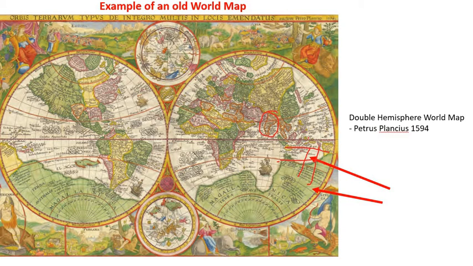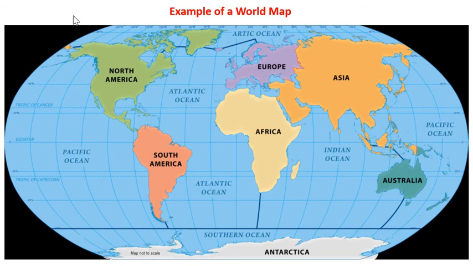But for the time being, just observe what is there in this particular map. Various continents are there. Names may be different and other details are also mentioned, but they cannot be seen over here.